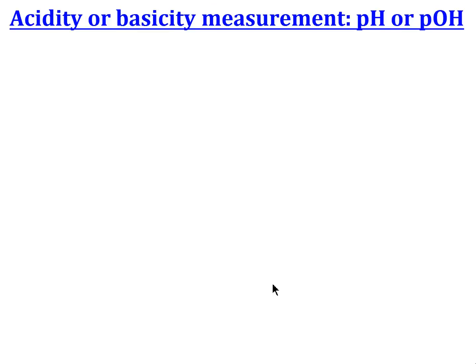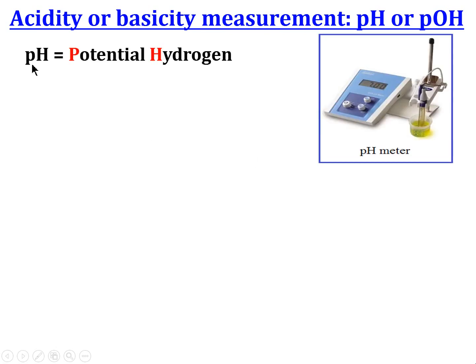The acidity or the basicity of a solution can be measured by the value of pH or the value of pOH. pH means potential hydrogen and is proportional to the concentration of H3O+ in a solution.